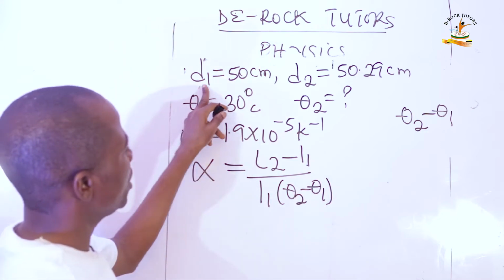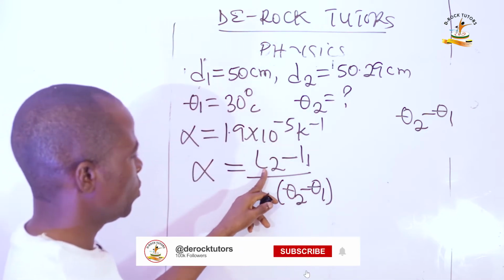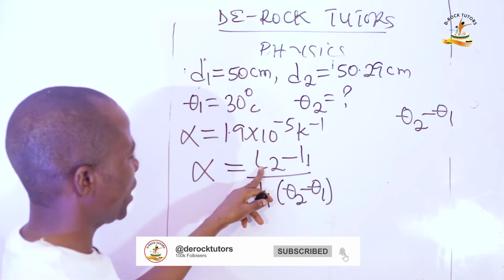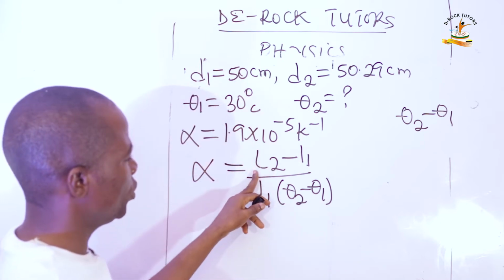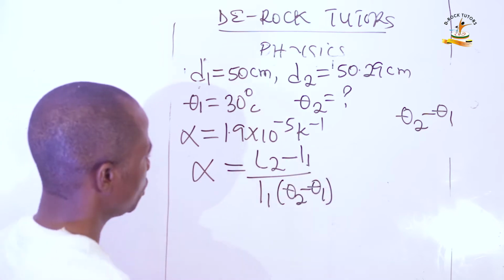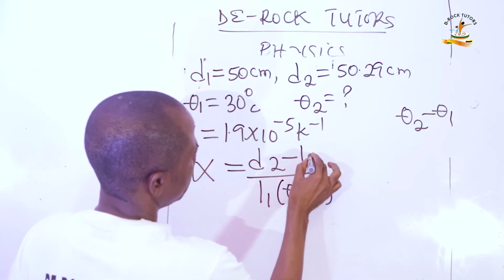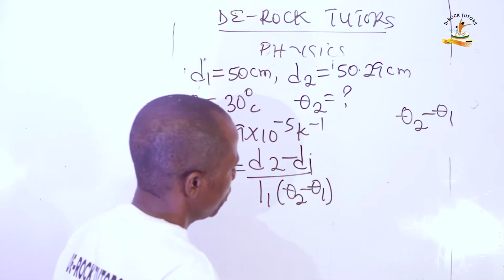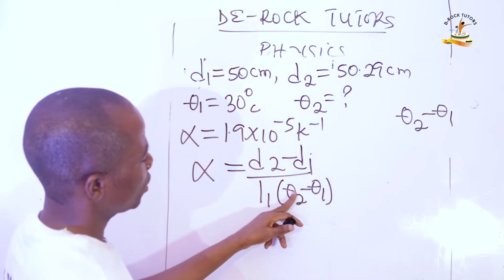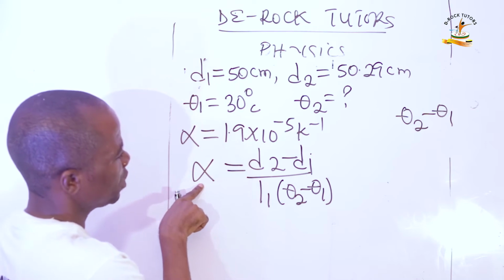But since we're talking about diameter here, we are not going to make use of L. We just change our L to D, so that this becomes D2 minus D1 over D1. Remember, what I'm looking for is theta 2. We have been given our linear expansivity to be this.